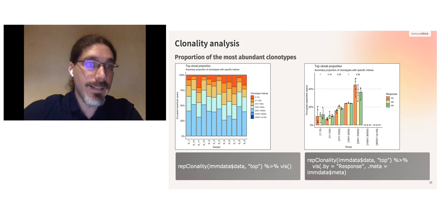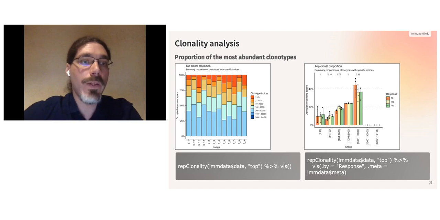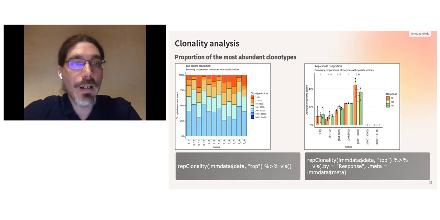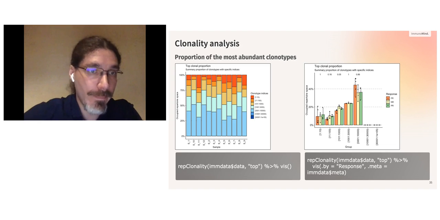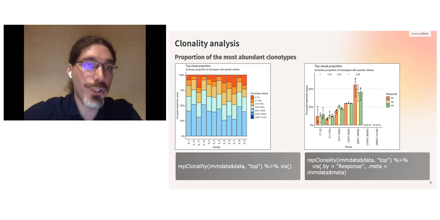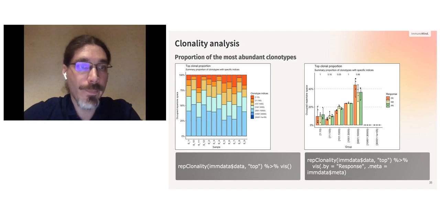The legend says the clonotype indices. The first one, the red one, 1 to 10, means that this pool contains the first 10 clonotypes. The second pool, the orange one, contains clonotypes with indices from 11 to 100, and so on.